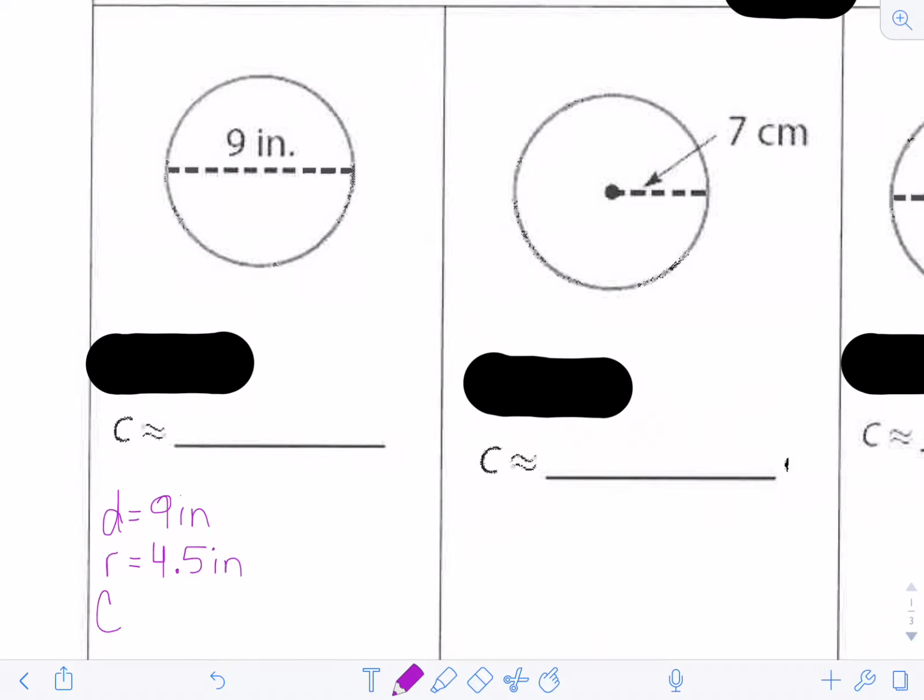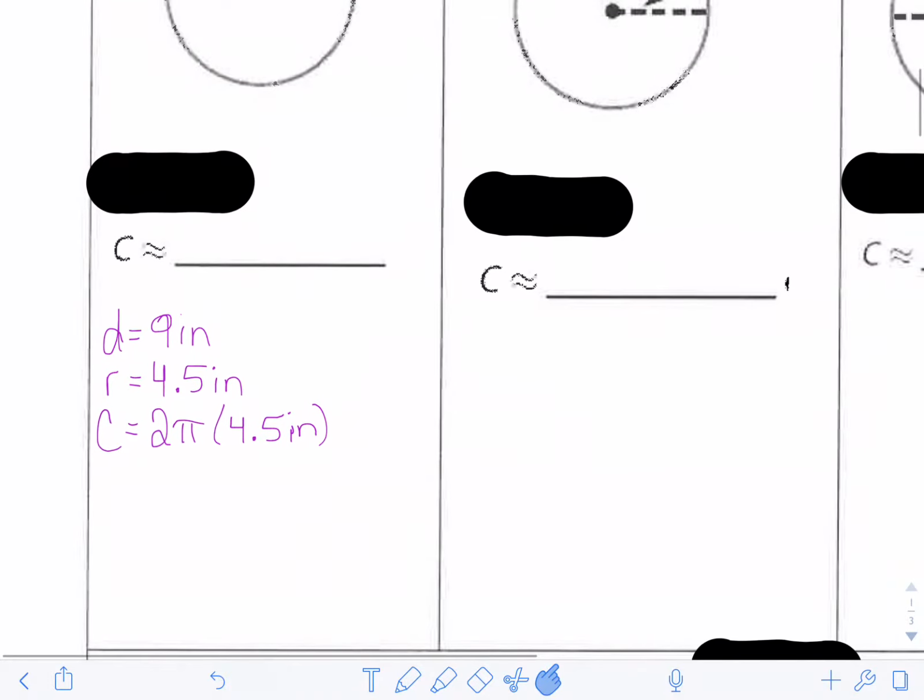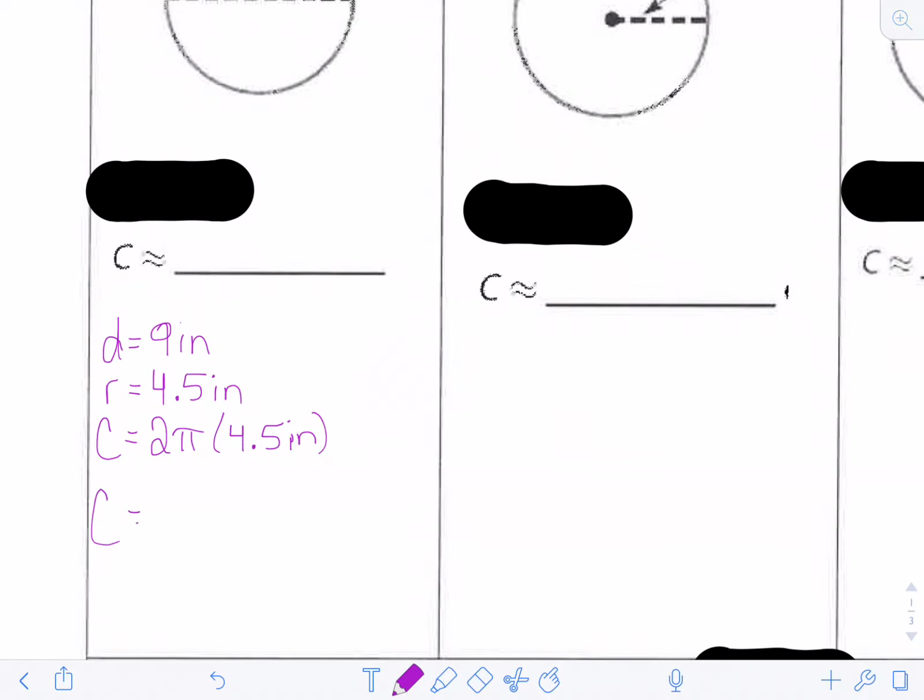To find the circumference, we're going to do 2 times pi times my radius, which is 4.5 inches. 2 times 4.5 is 9, so my circumference is 9 pi inches. So I'm going to put here 9 pi inches. And that's it. That's all you have to do.